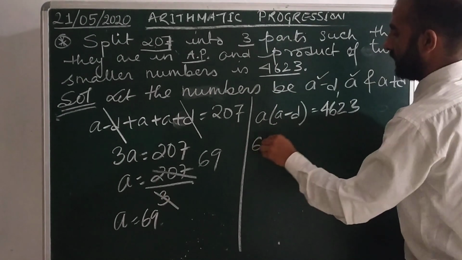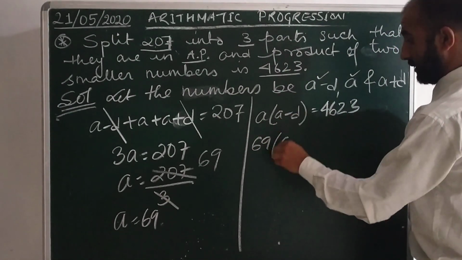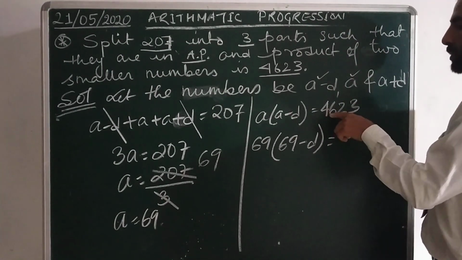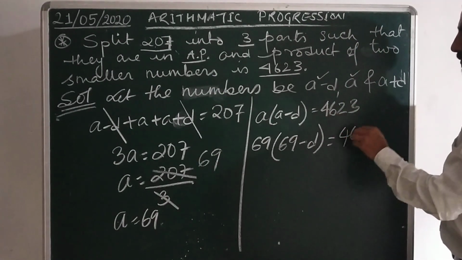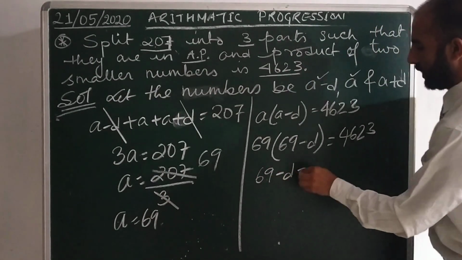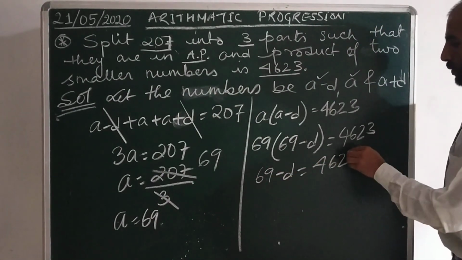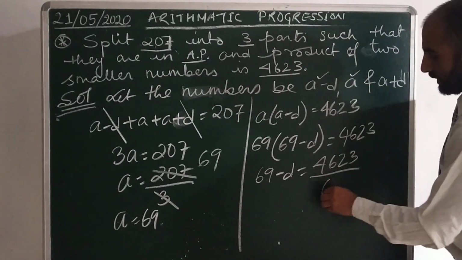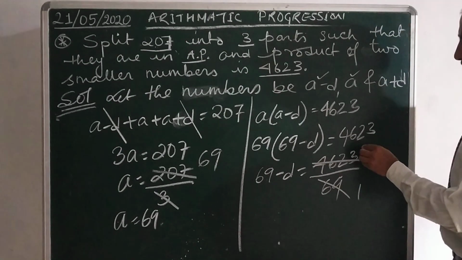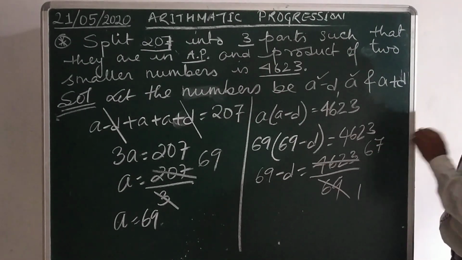A is 69, so 69 into 69 minus D equals 4623. 69 minus D equals 4623 divided by 69, which is 67.